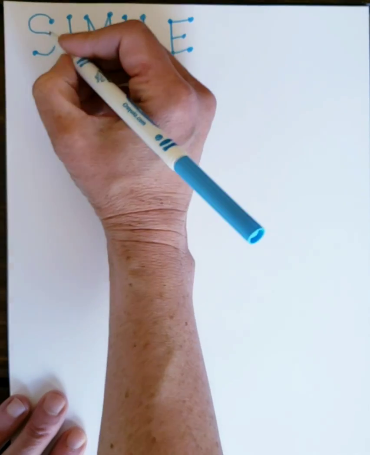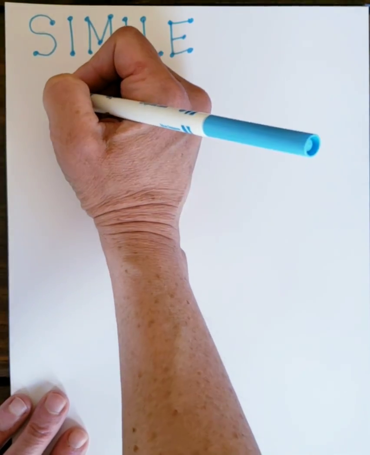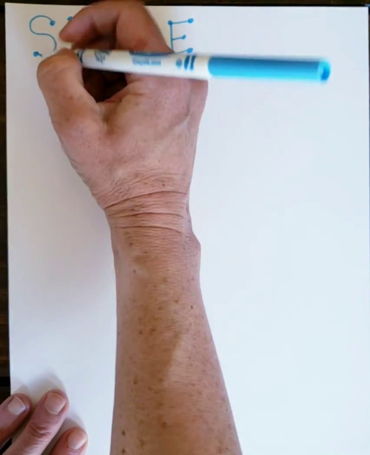And I'm gonna write out a definition. So a simile is when you compare two different things using the word or words like or as. So I'm gonna write that out.